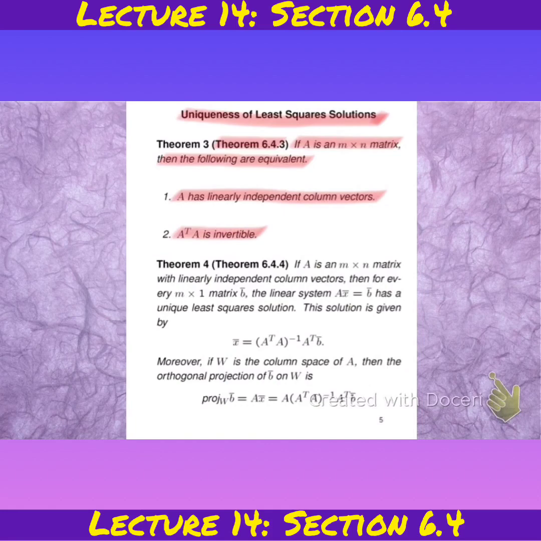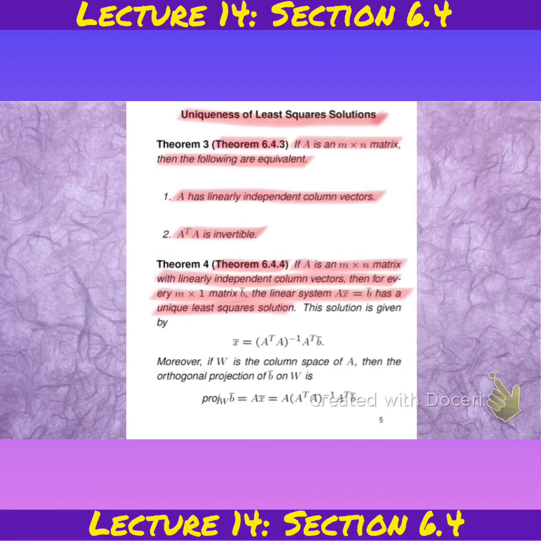Right, so we need to prove that if A has linearly independent column vectors, then A transpose A is invertible, and if A transpose A is invertible, then A has linearly independent column vectors. And then theorem 4 states that if A is an m by n matrix with linearly independent column vectors, then for every m by 1 matrix B, the linear system Ax equals B has a unique least squares solution.